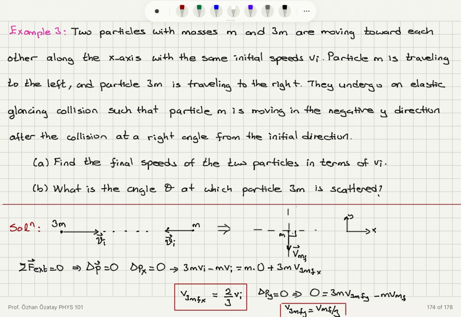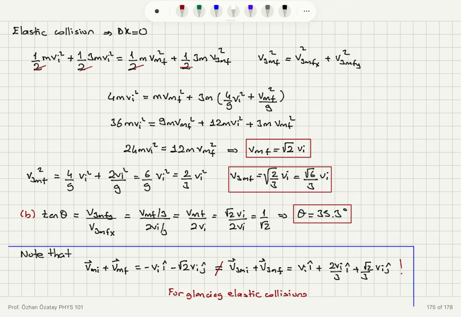The linear momentum conservation on the y-axis, since there is no external force acting on the system, gives 3m V3m final y minus m Vm final. This allows me to write V3m final y in terms of Vm final over 3.